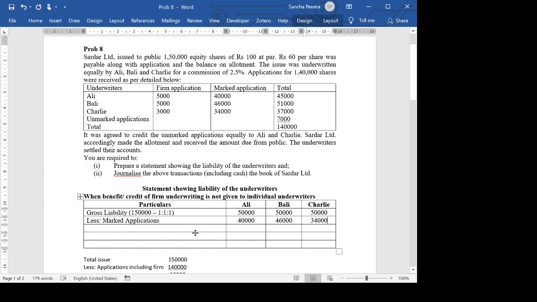So on less marked applications, we get here 10,000, then this becomes 4,000 and this becomes 16,000. Then we minus the unmarked applications, less unmarked applications.